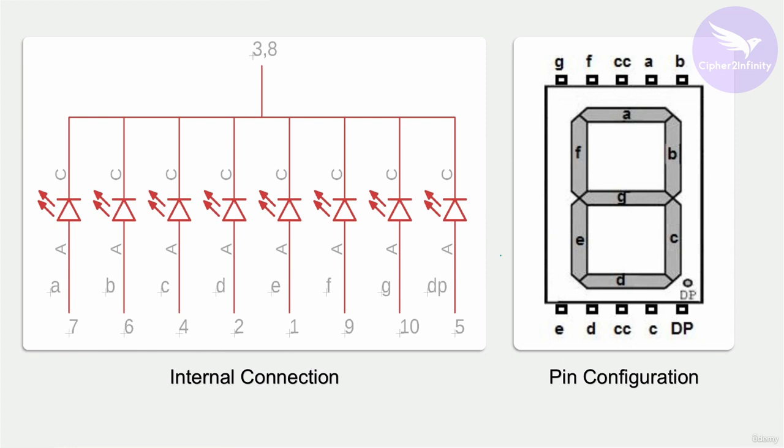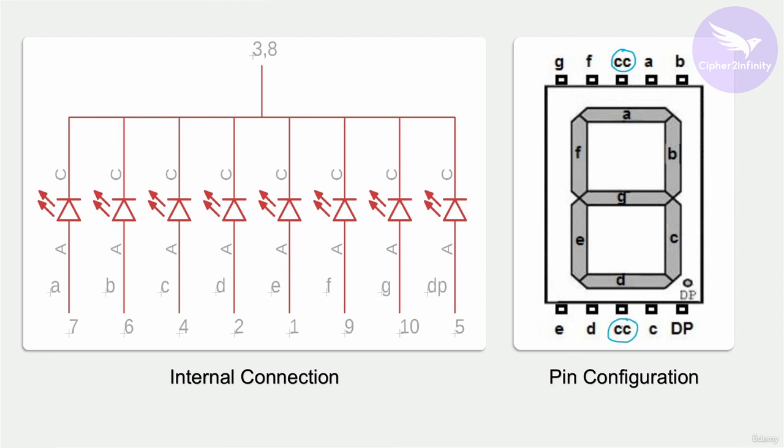So this is how the pin configuration of the 7-segment LED display looks like, and this is a standard pin configuration. Most of the SSDs that you will see in the market are going to have a similar pin configuration. First of all, I will talk about these pins, which is CC. You will find CC here, and also you will find CC here.